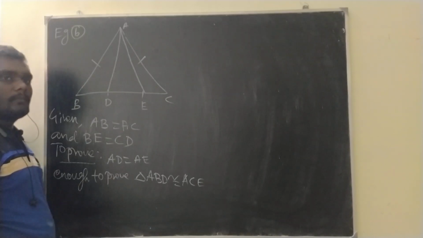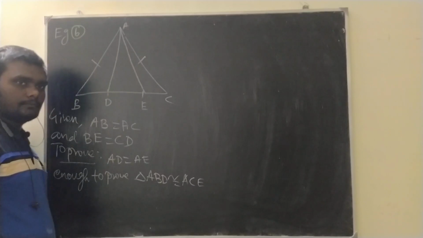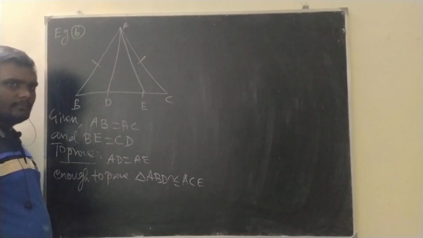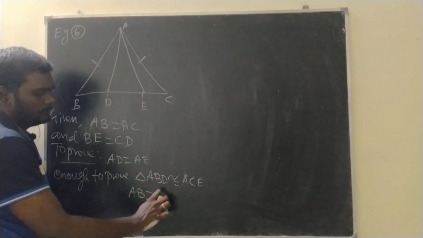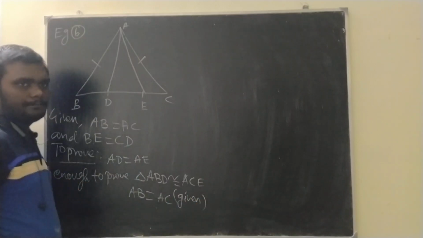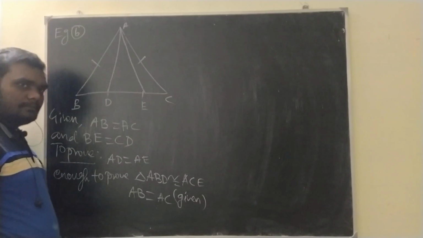Just list out the common things. AB is equal to AC because that is given. And then any other things can you say equal?